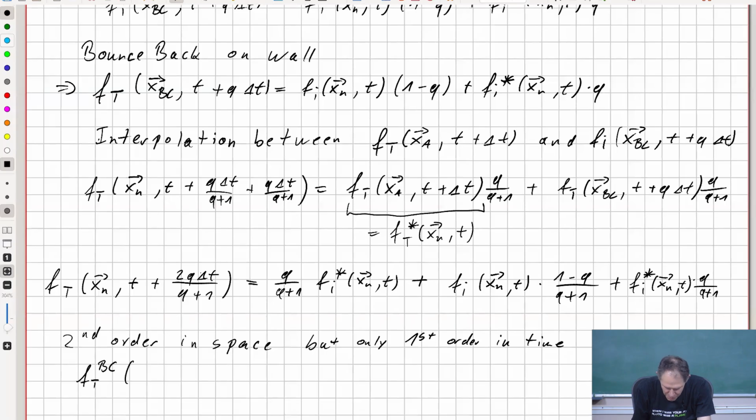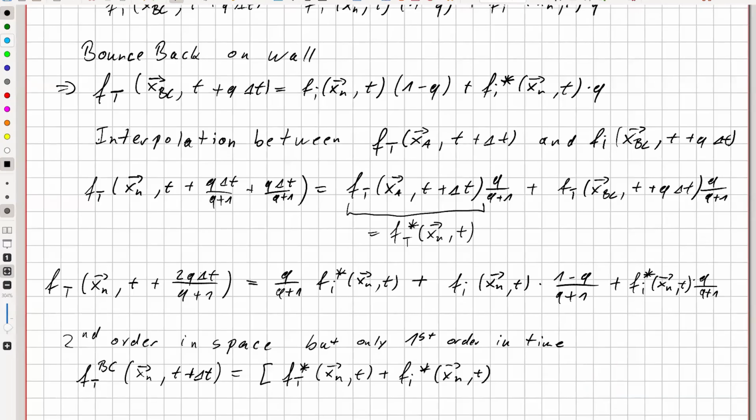You simply specify now that at the forthcoming or even the over next time step, this becomes Fi over bar after collision at xn and t plus Fi after collision at xn and t, times q by q plus 1, plus Fi at xn and t, so this is the pre-collision state, times 1 minus q divided by q plus 1.